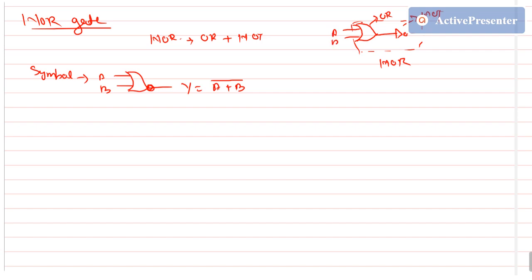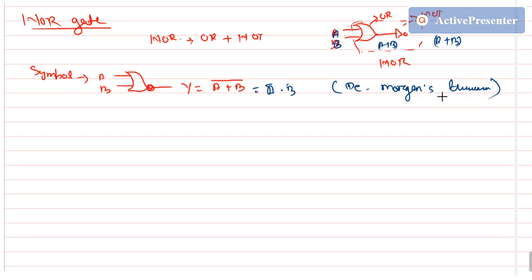So let me write here: this is A and this is B. Now this will be equal to A bar dot B bar. This comes from De Morgan's theorem. For now you remember this, and while going through Boolean expressions or Boolean functions, we will learn about De Morgan's theorem. There I will explain what De Morgan's theorem is.